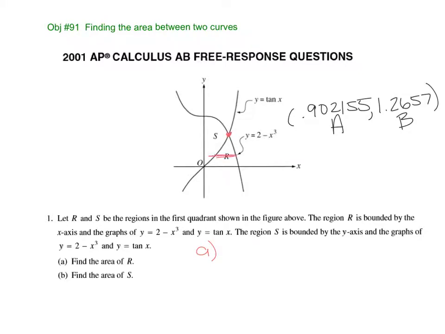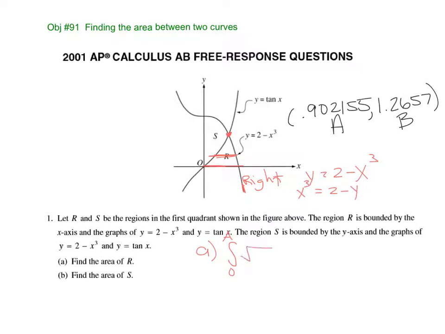If I do right and left, I can just do one integral. And I already found the y value. It's going from 0 to a. Now, we need this right function. This is my right function. We need it in terms of y, though. So if I have y equals 2 minus x cubed, that's x cubed equals 2 minus y.